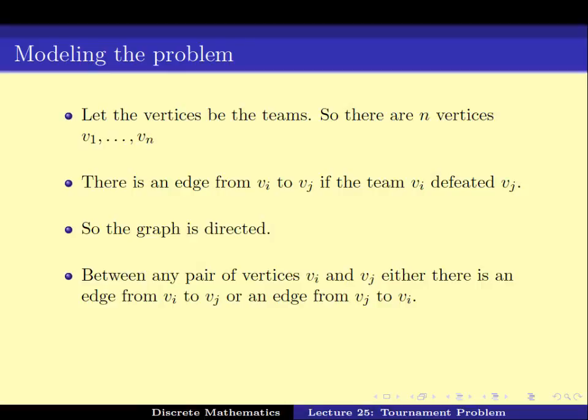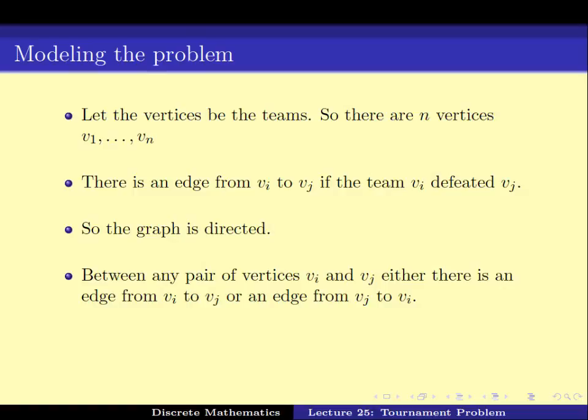And what we have to find? We have to number the vertices in such a way that the first vertex defeats the second vertex, defeats the third vertex, defeats the fourth vertex, and so on till the nth vertex.